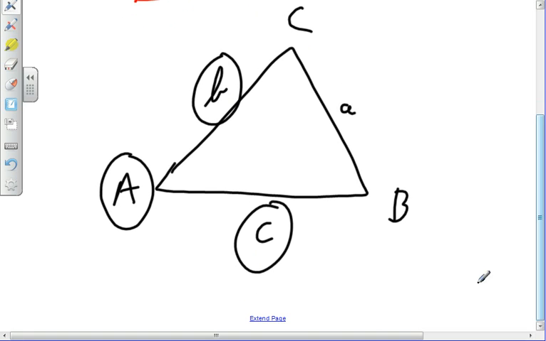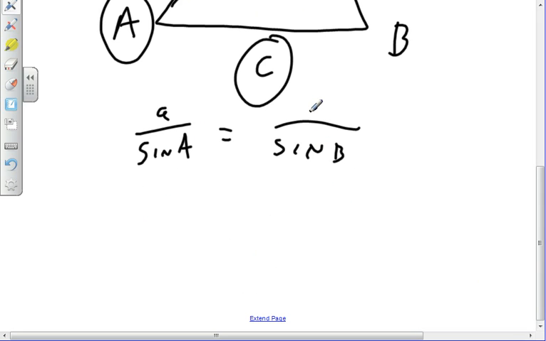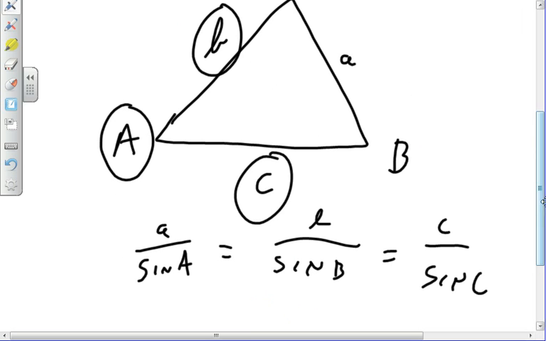I look at my formula: sine A, sine B, sine C, and I know little b, little a. I know side, angle, side.